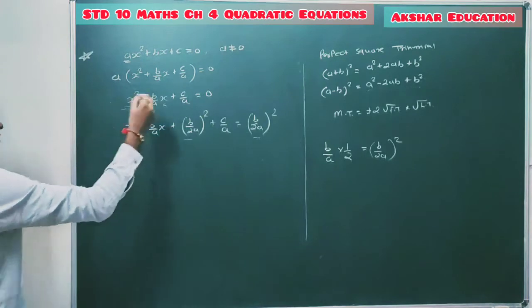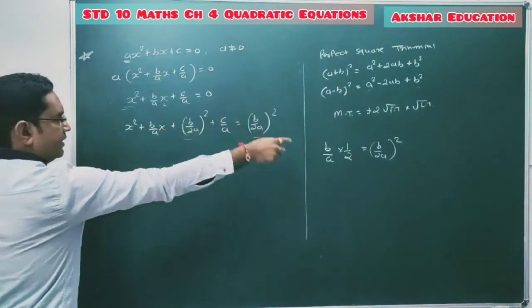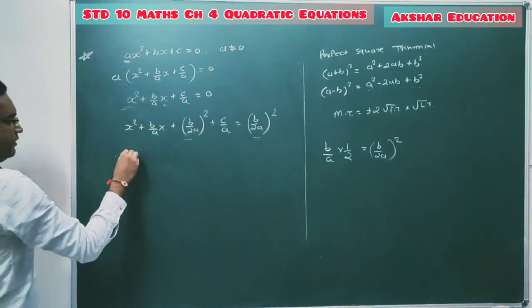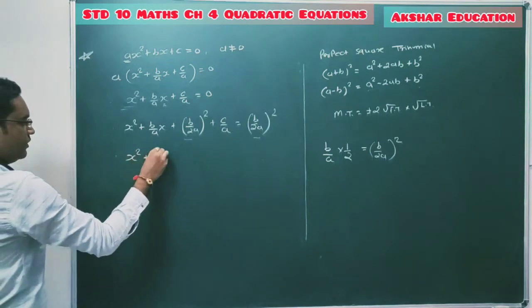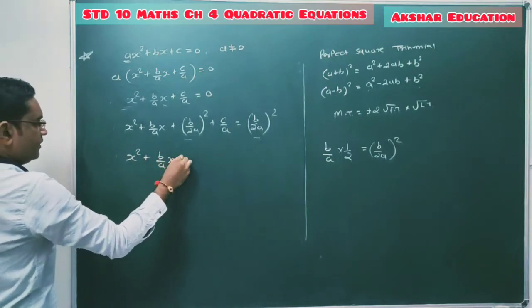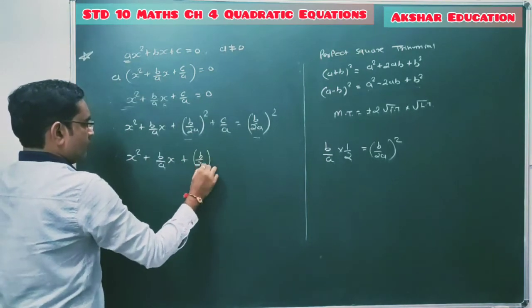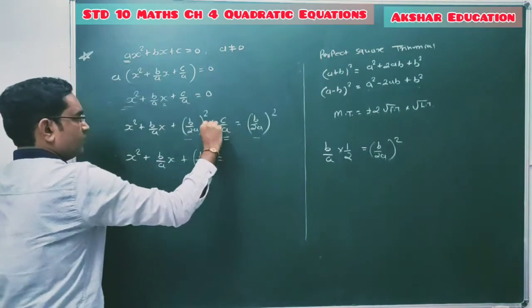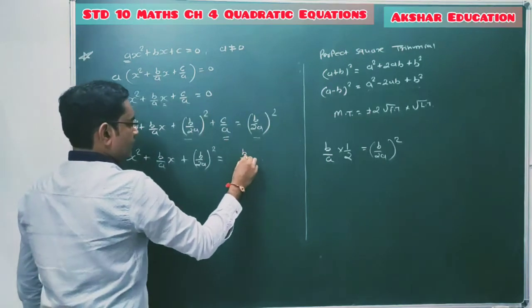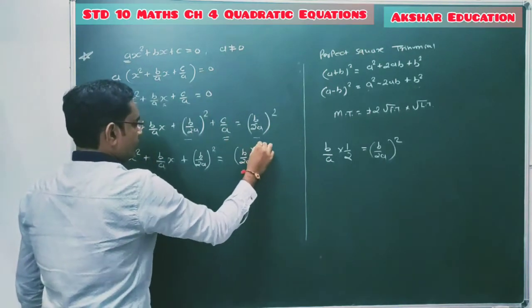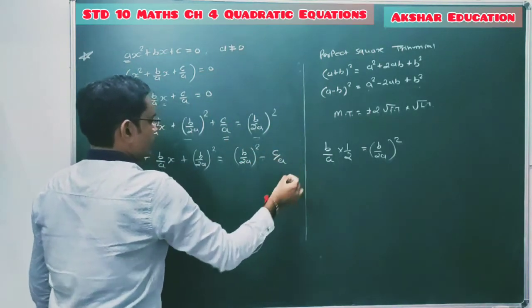Clear? Then for the third term, you have to take c by a to the right hand side. So on the left hand side we have x square plus b by a x plus b upon 2a whole square equal to, taking this term to the right hand side, b upon 2a whole square minus c by a.